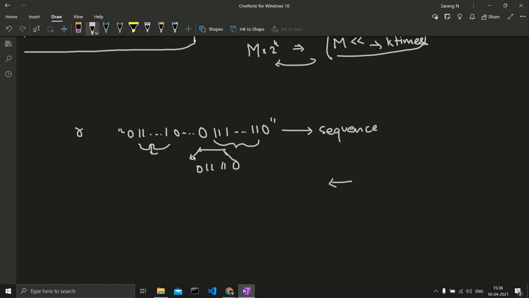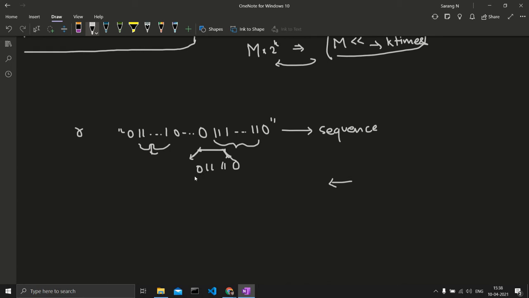So effectively we can find the slope. So how can we find the slope?